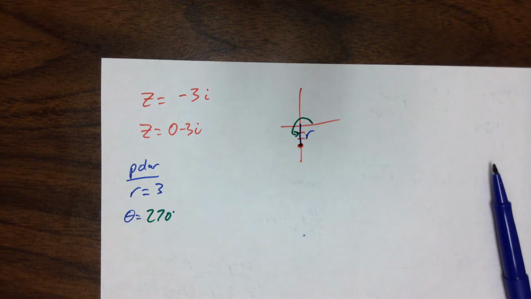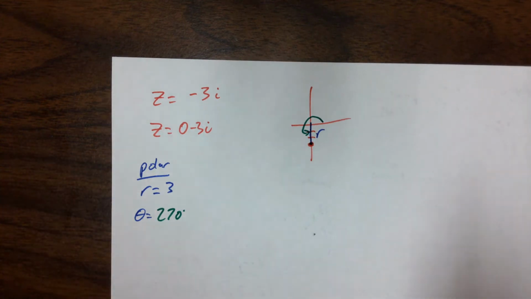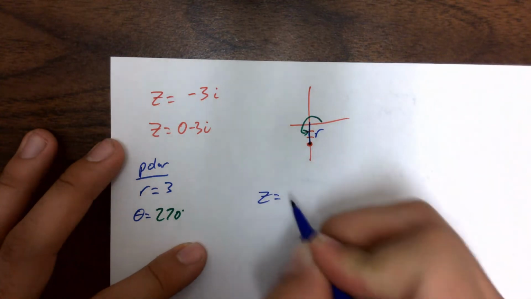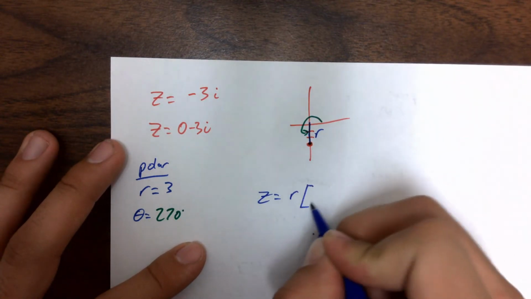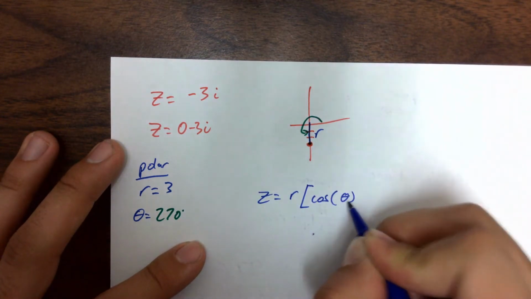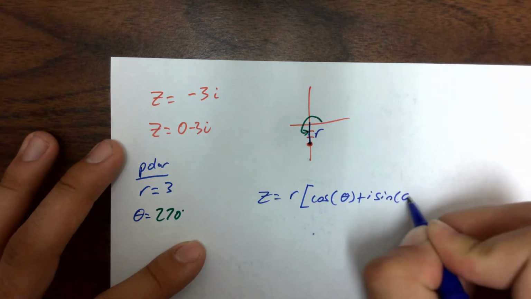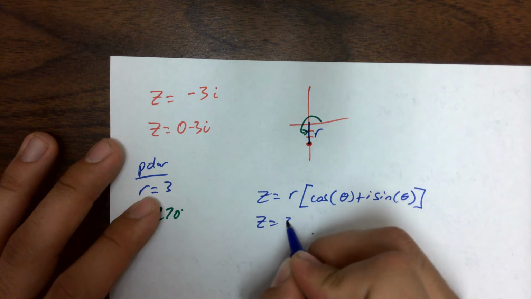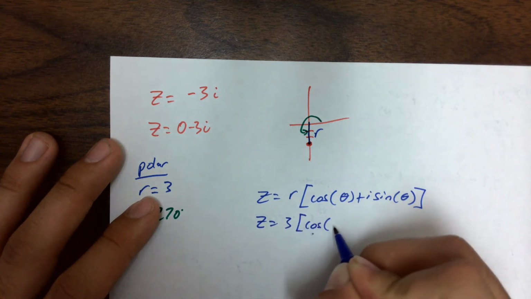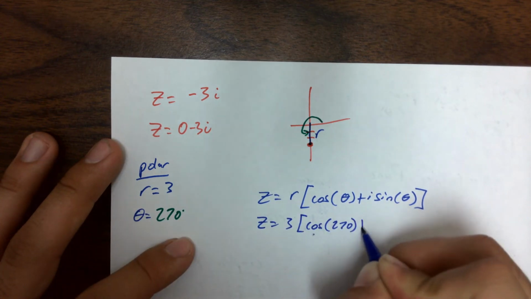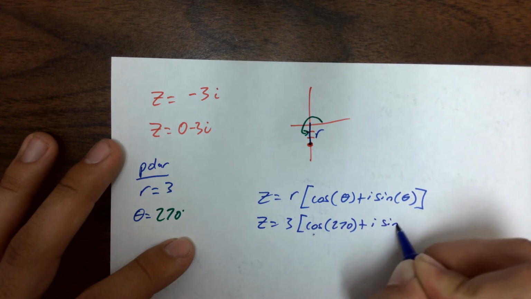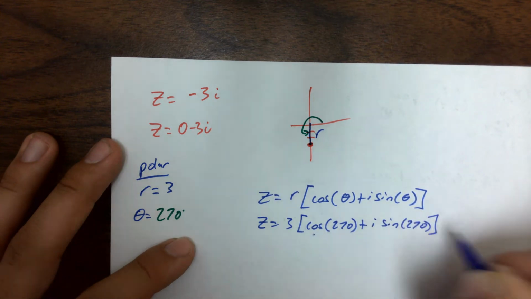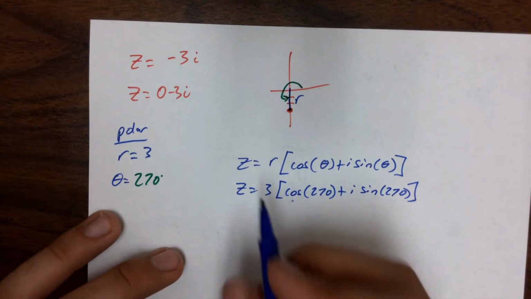All right, so to convert, remember I had that formula: z, if I want it in polar, is r times cosine of theta plus i sine of theta. So z equals r, my r is 3, cosine of 270 plus i sine of 270. So that is it in polar.